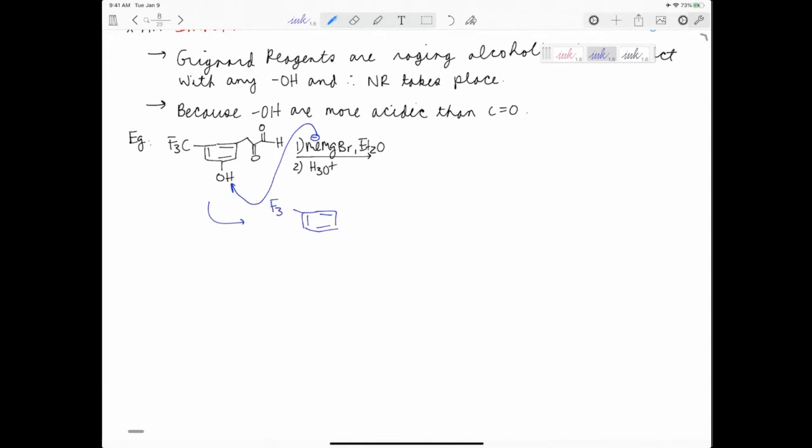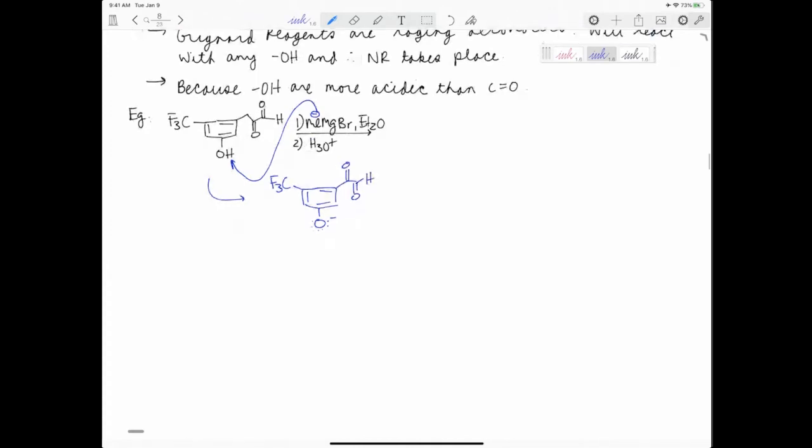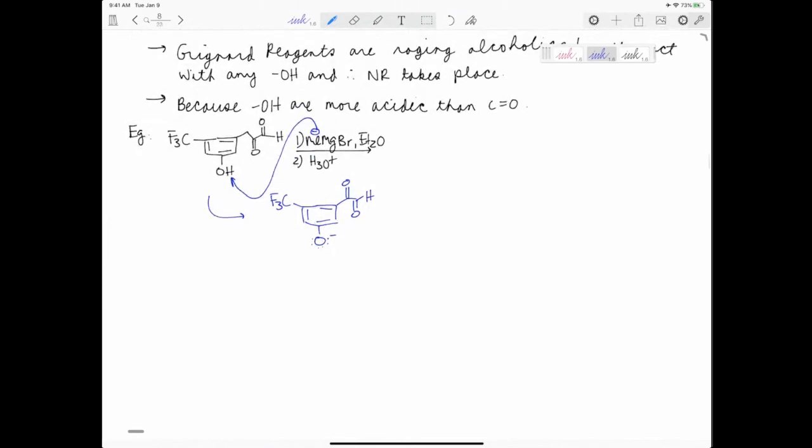So now, instead of attacking the carbonyl, it becomes deprotonated. And then the best part is at step 2, when we give it an H3O plus solution, or rather when we give it a proton, it's just going to protonate that. So what you get at the end, as you can tell, is that no reaction took place. You're going to get back the same exact thing.